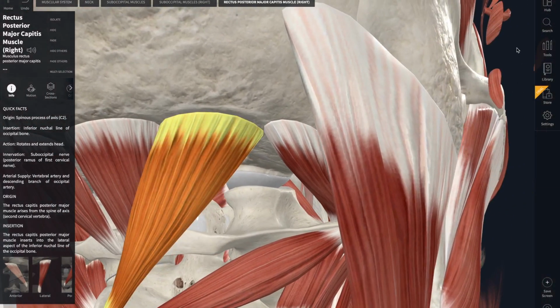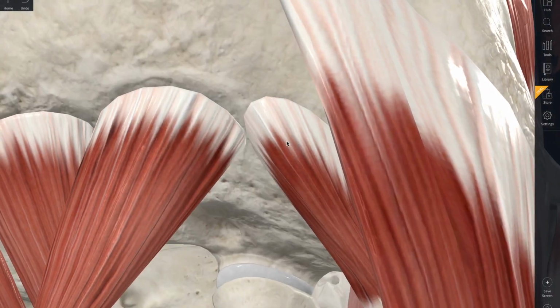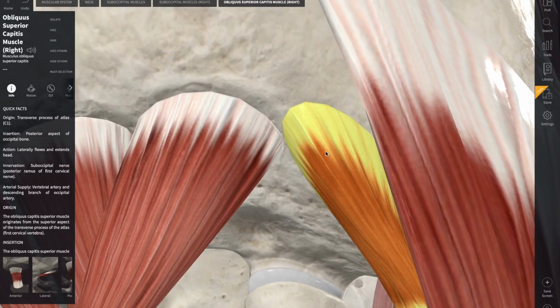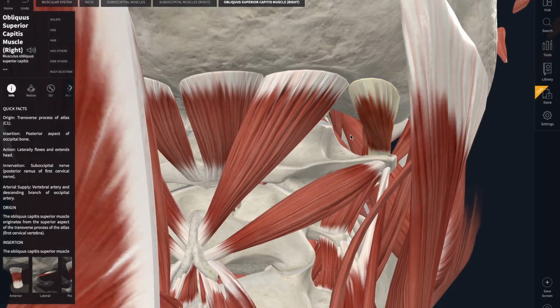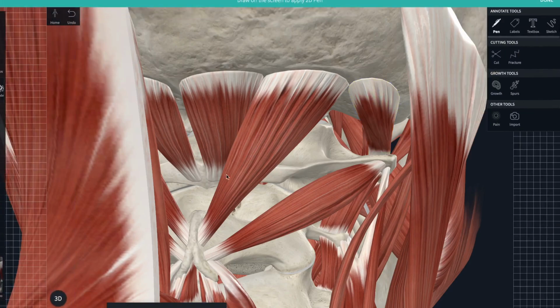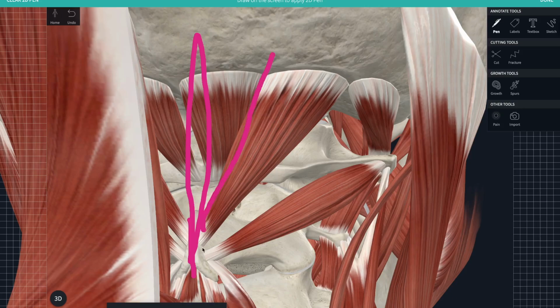Now, we also have the obliquus capitis superior. This is called the obliquus capitis superior, and this forms the lateral boundary. Let me draw it. Remember, this is the medial boundary, and it's formed by this muscle. This is the medial side.